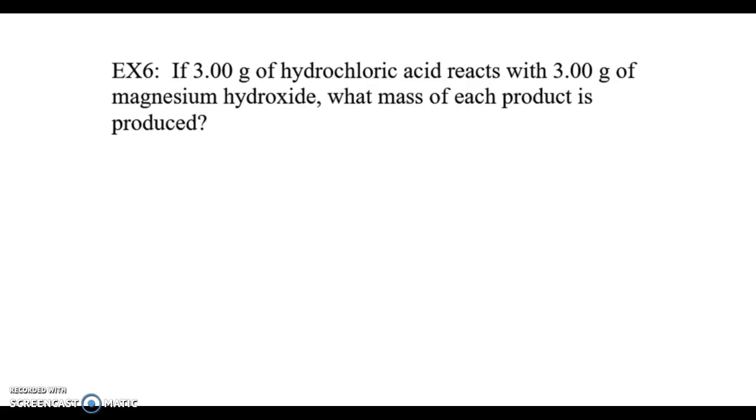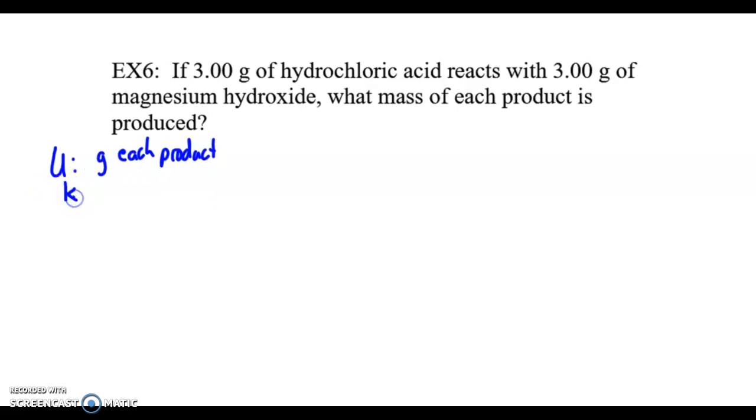Let's start off with identifying some knowns and unknowns. So we want to know the mass of each product, so grams of each product. Sounds like a lot of work already.